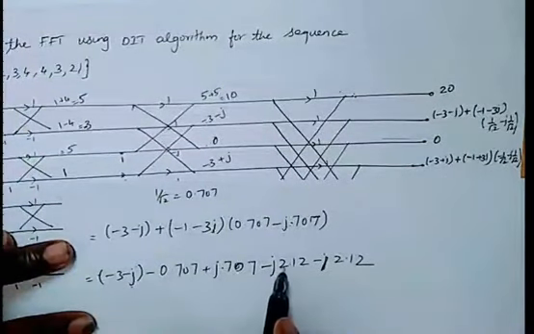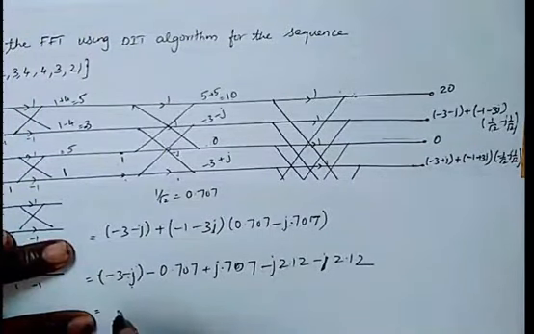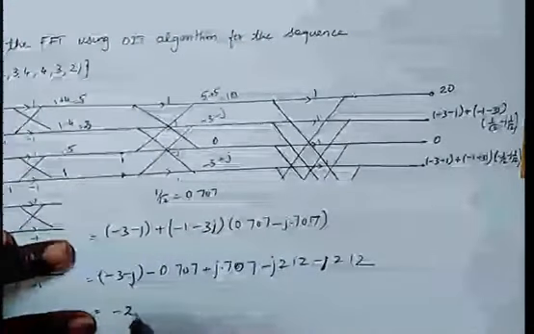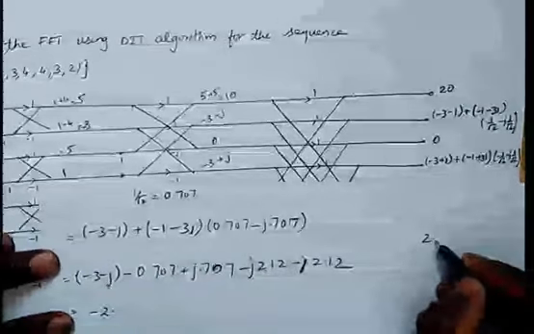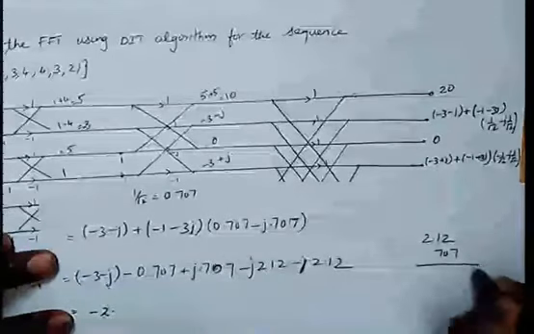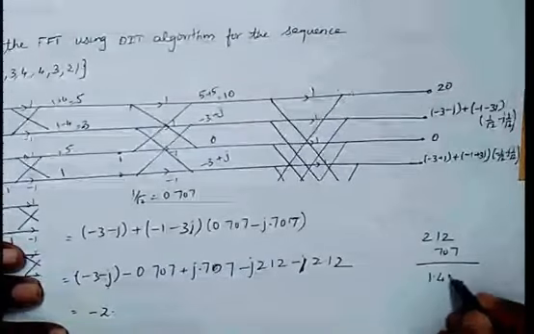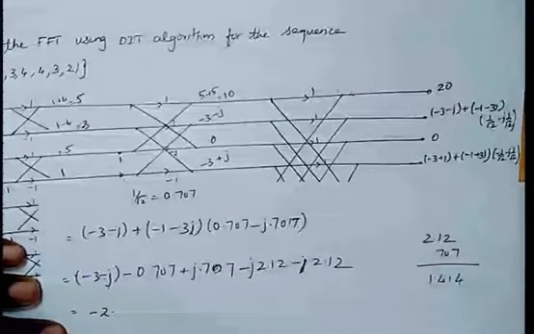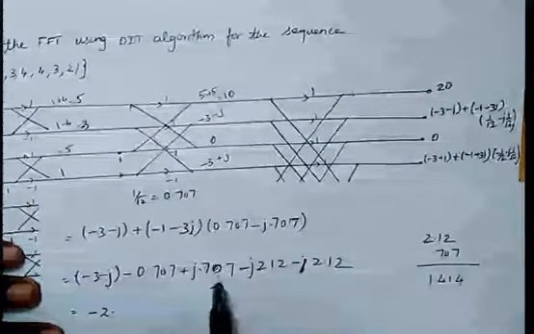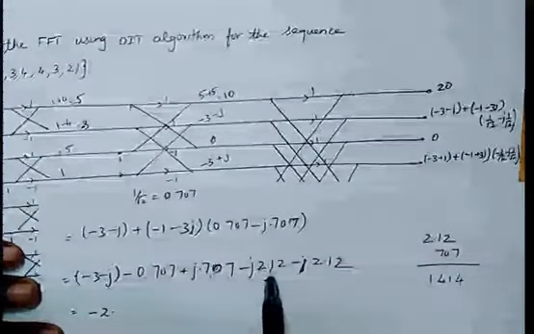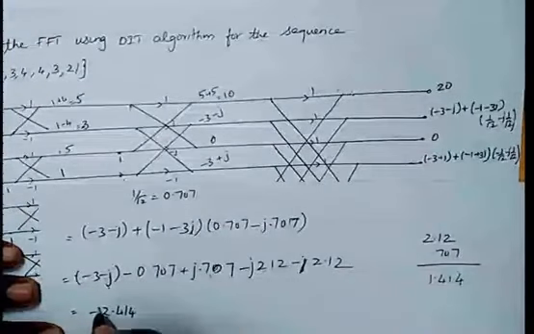Subtracting, it should be around 1.414. Solving these two, we will get minus 1.414j, and here already you have minus j, so it is minus 2.414j.